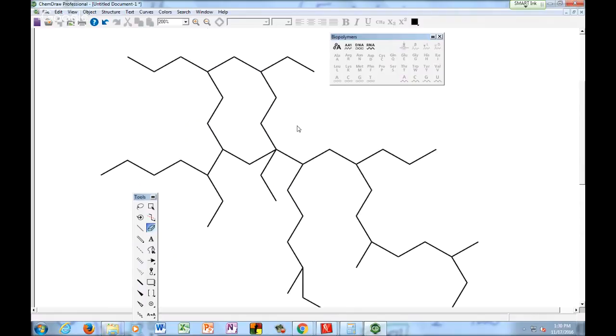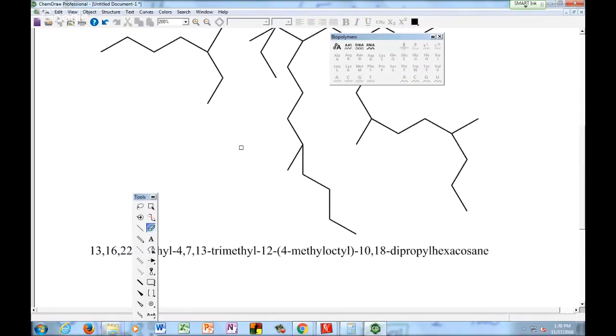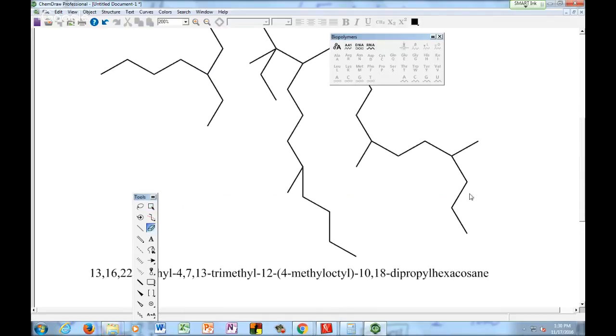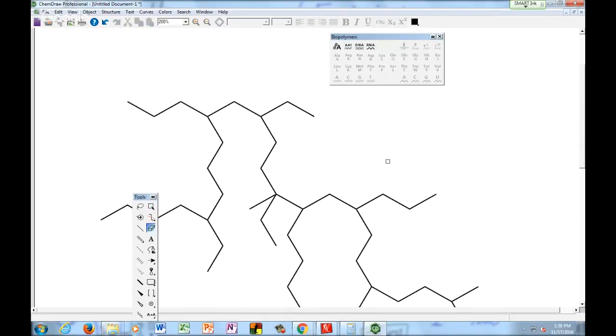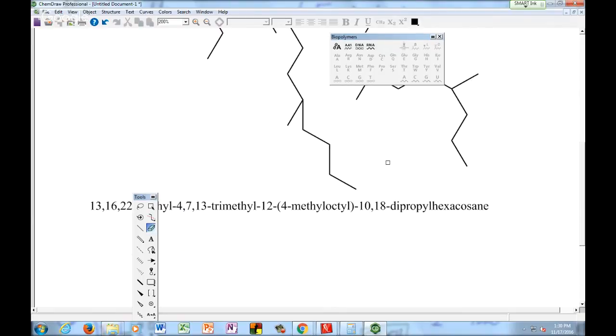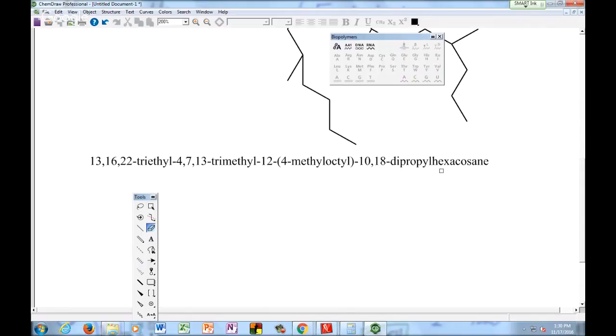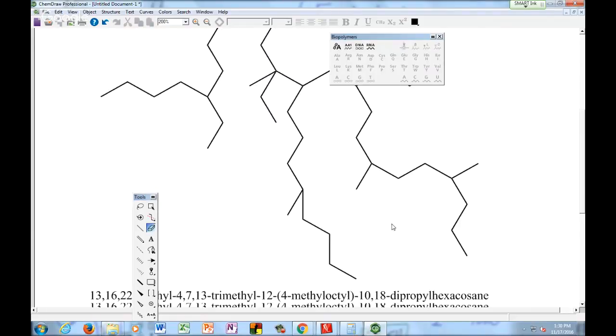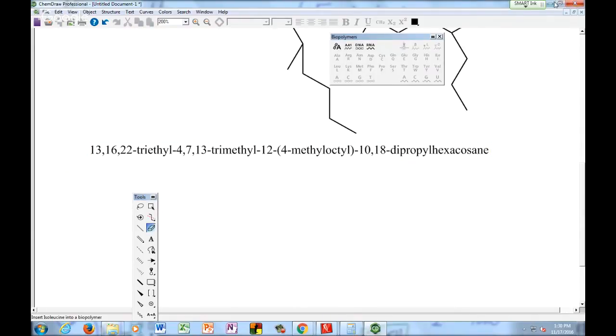So if I break some of these rings open, it now changes the name to something pretty similar to what we've done. There must still be something weird somewhere. This big word hexacosane is just because there are so many things in the chain. But following those rules, you can always do that.